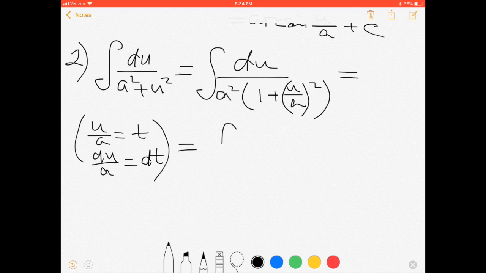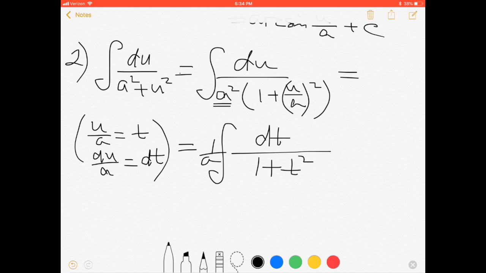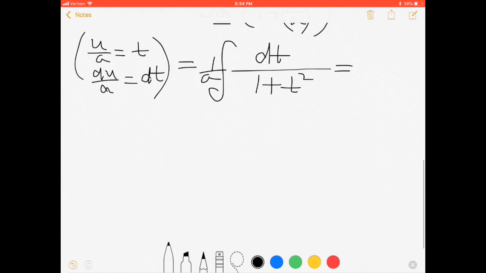But here we have dt, and because we have a squared there, one a we use for dt and one a is left over. I can write it outside my integral because a is constant, and here I have the denominator 1 plus t squared. Last time we proved this is exactly the derivative of arctangent.